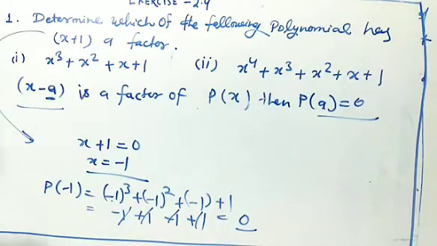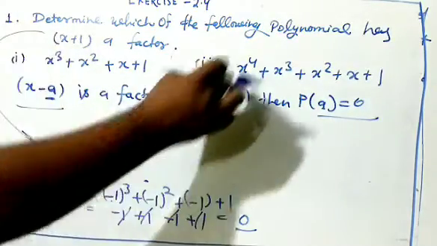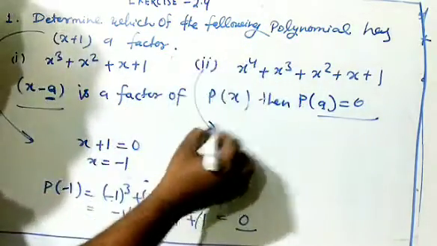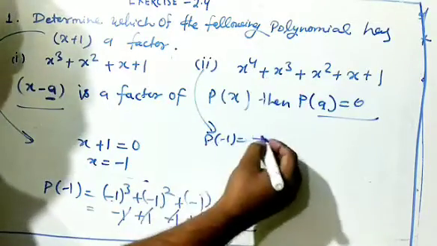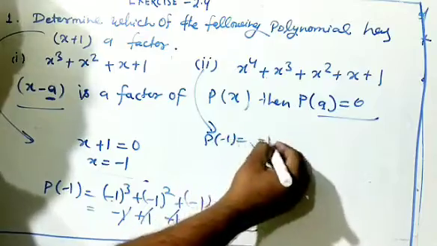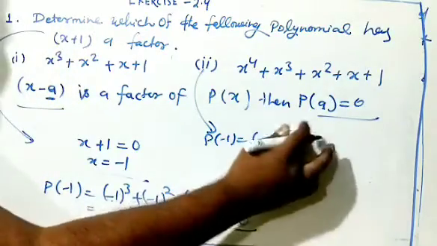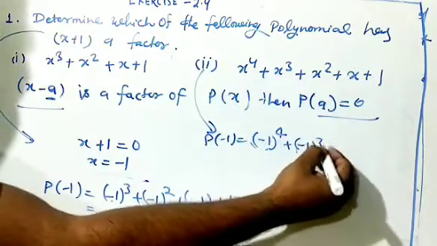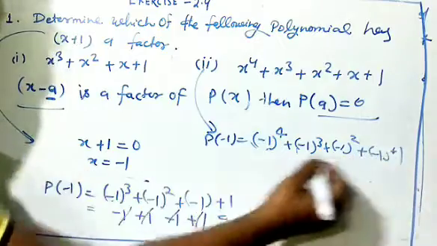Okay. Same thing, we put the value of x equal to minus 1 in this equation. p of minus 1 equals minus 1 to the power 4 plus minus 1 to the power cube plus minus 1 to the power square minus 1 plus 1.